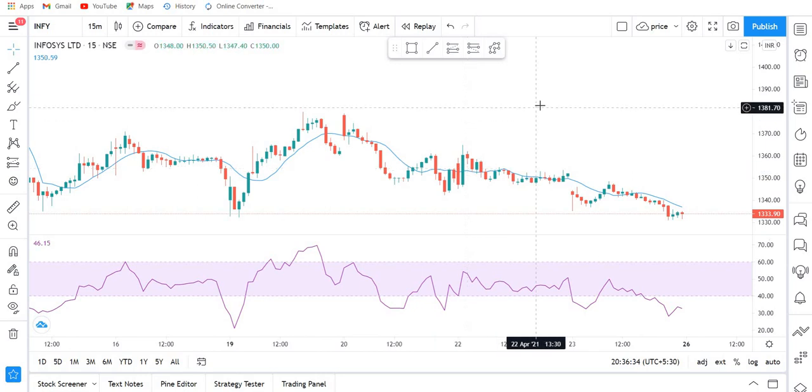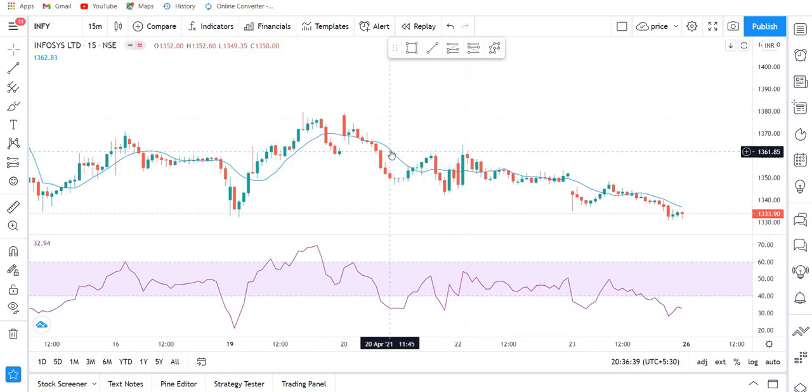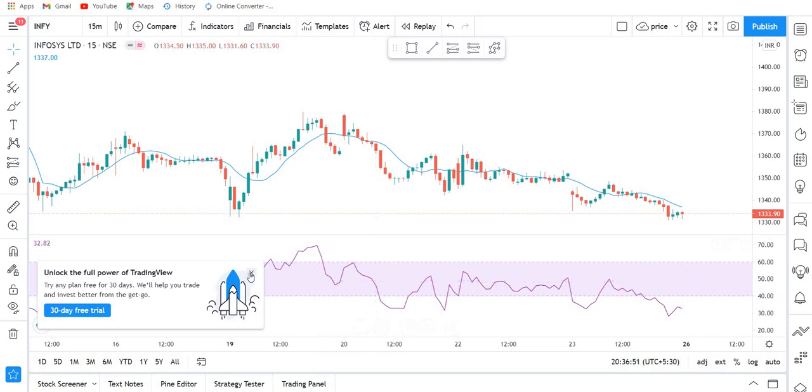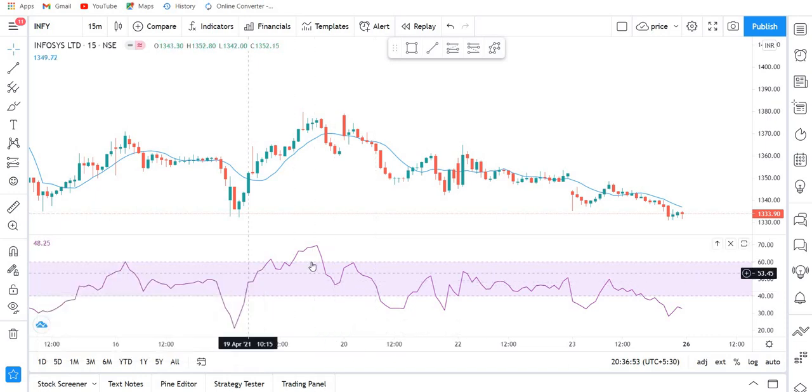So I will show you what are the things that I have added on this. This blue line, if you can see, is the simple moving average with a period of 10, the 10 SMA. And this is RSI with a level of 40 and 60, upper zone 60 and lower zone 40.